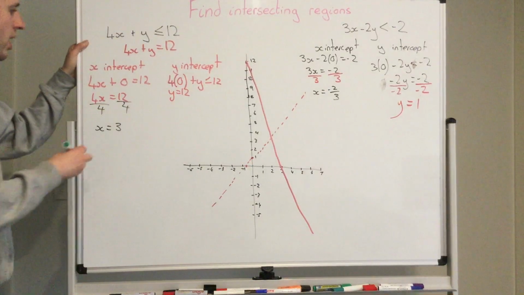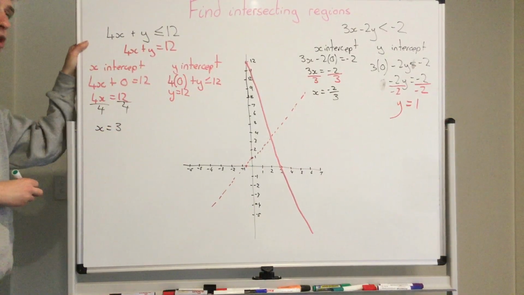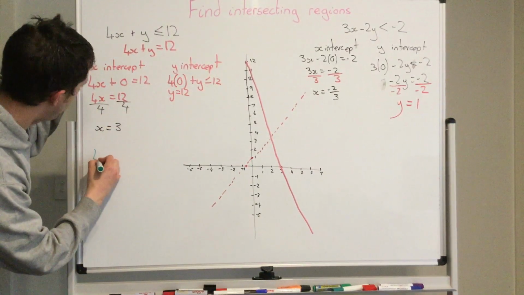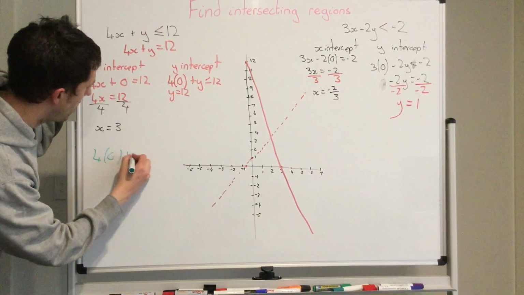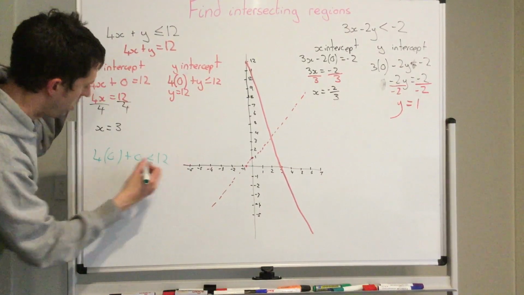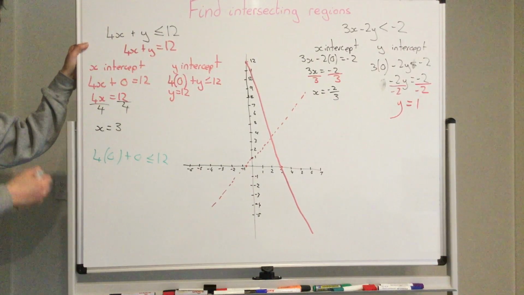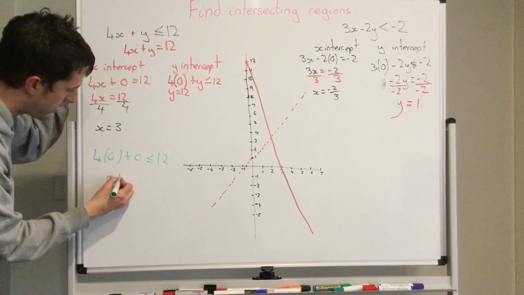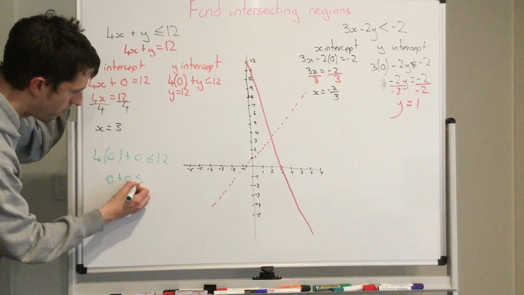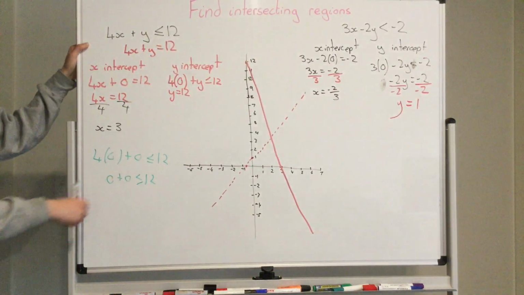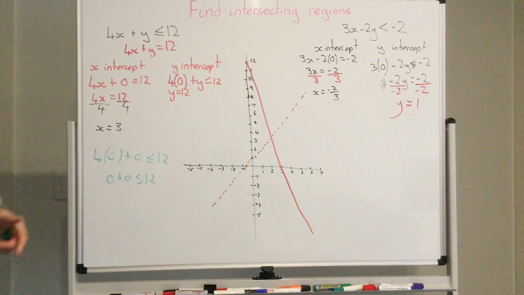I will substitute it in. So 4 times 0 plus 0, 4 times 0 is 0, plus 0. So 0 is less than or equal to 12.